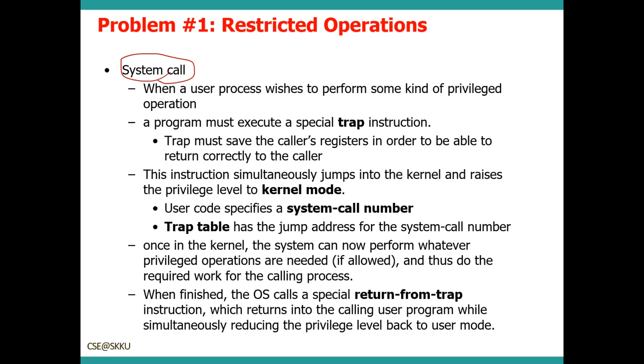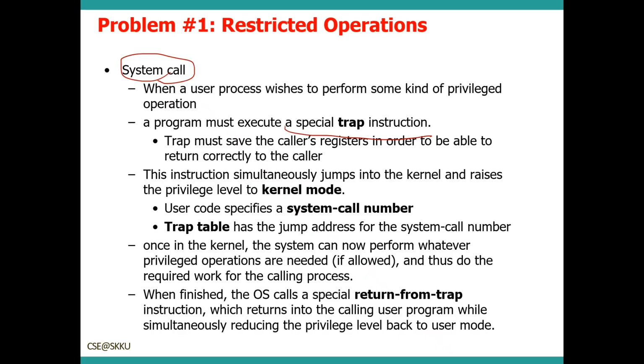To execute a system call, a program must execute a special trap instruction. This instruction simultaneously jumps into the kernel and raises the privilege level to kernel mode.